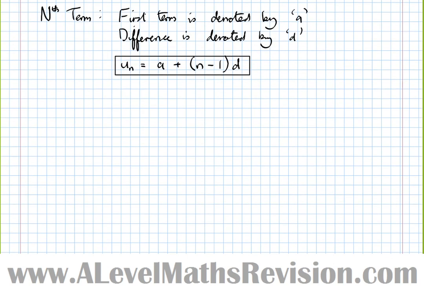But what I want to do first of all is just prove why it's that. Well, the first term is a. The second term is a plus d, the first term plus a difference. The third term, a plus 2d.